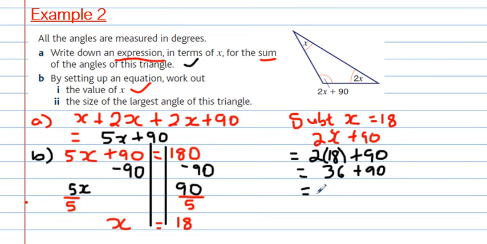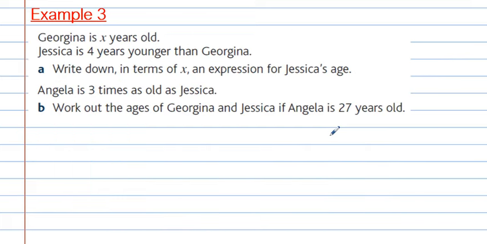If you add that together, you'll get 126. An angle is measured in degrees, so 126 degrees will be the size of the largest angle. Now let's try another example. Example 3.